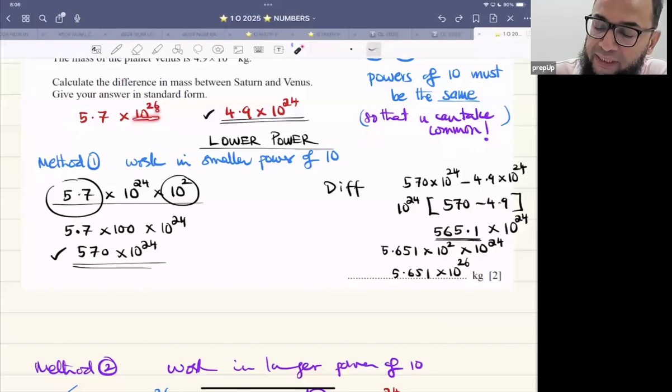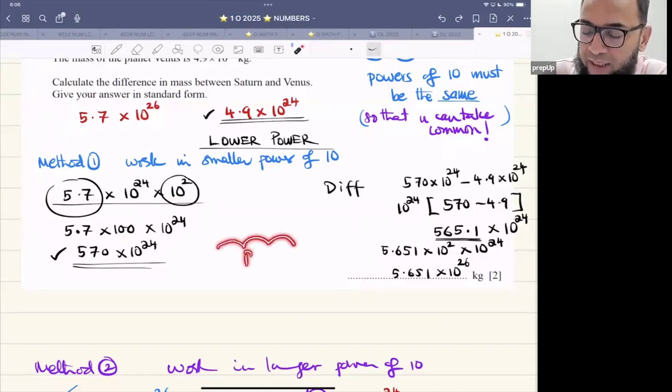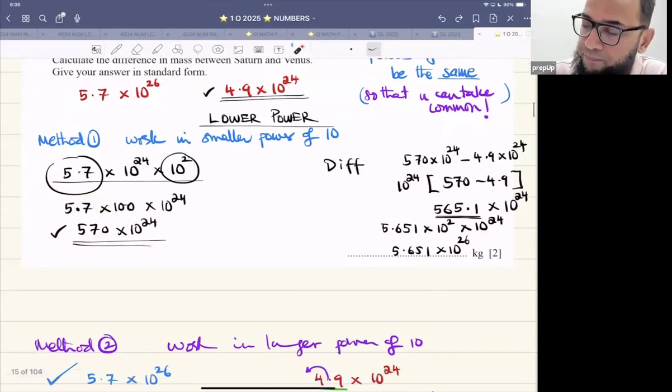I wrote 10 power 26 as 10 power 24 into 10 power 2. Why did I write 10 power 24? Because there is 10 power 24 over here. 10 power 2 is 100, so I multiplied by 100. When we multiply, the zeros move to the right. So that is 57 with one 0 and another 0 with this. So it's 570 into 10 to the power 24.